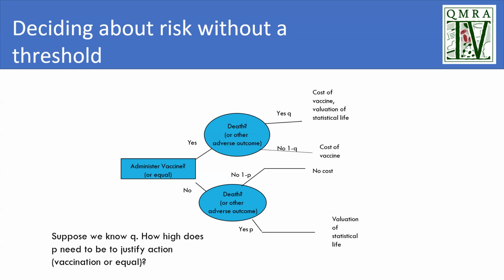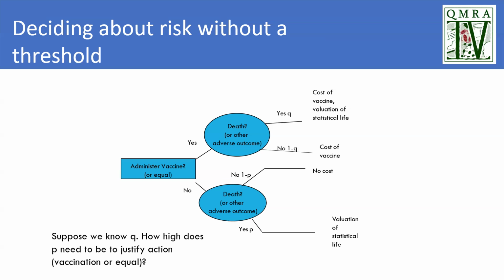We can assign the probability of death as Q, and the probability of not dying if we administer the vaccine as the complement 1 minus Q. The cost for our outcome if a person dies, or if the administration of the vaccine results in death, would be the cost of the vaccine itself plus the value of a statistical life, if we're using VSL as our metric. If no death occurs, we only have a cost for this outcome equivalent to the cost of the vaccine.